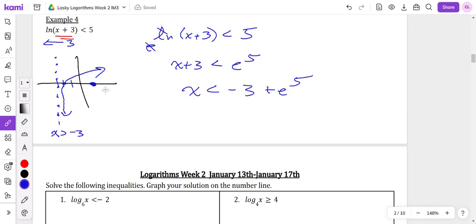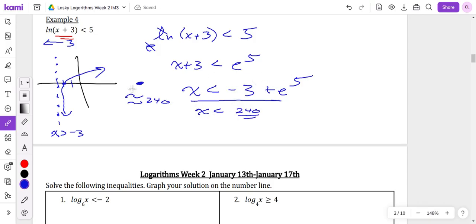So we're way out here at like 240, but I'll just draw it right here for now. Actually, I'm going to go a little bit less than that. I'll come out here because we're way out here at approximately 240. So this statement says x is less than approximately 240. You can check your calculator.